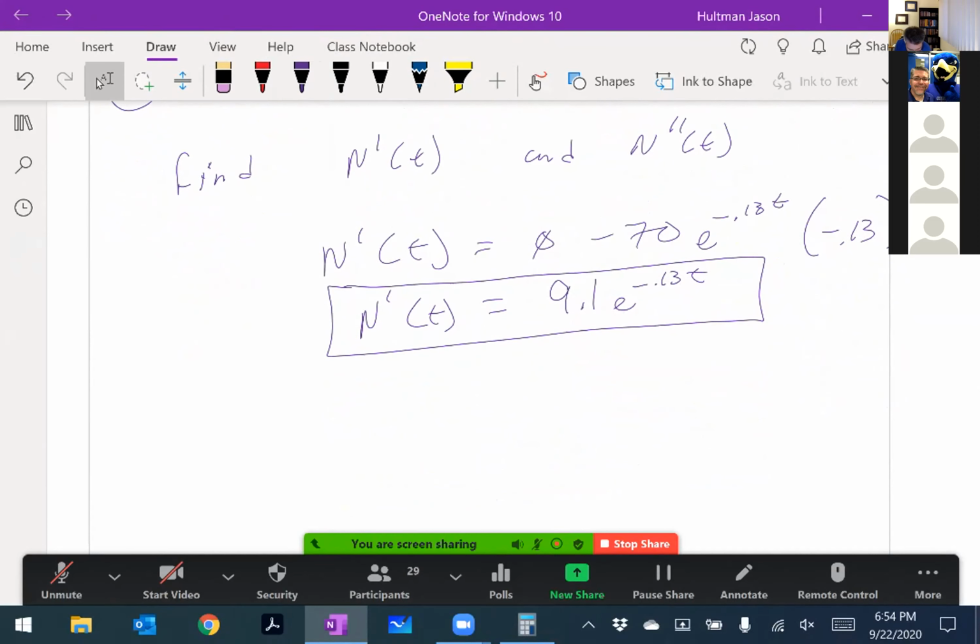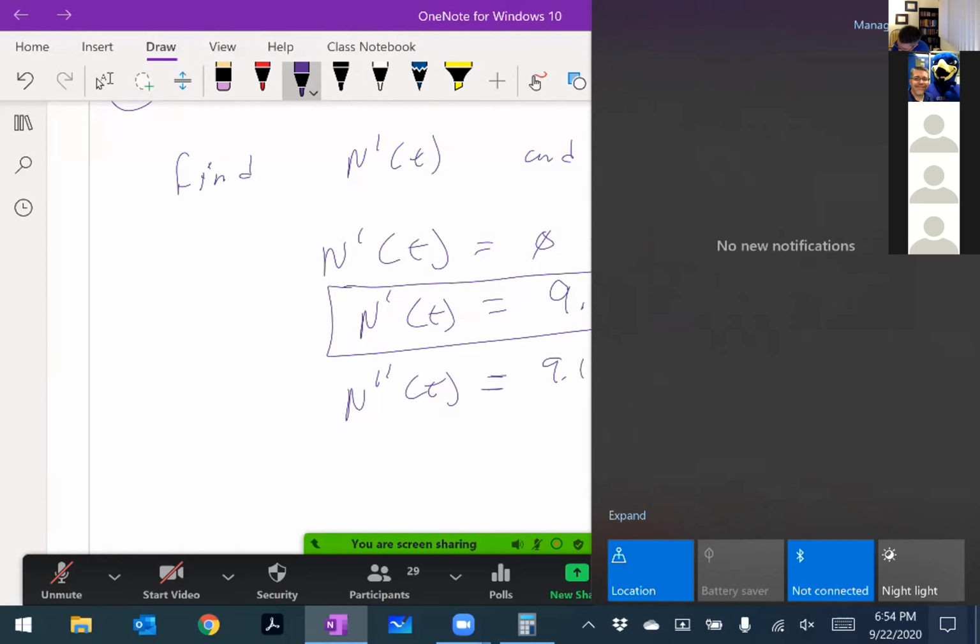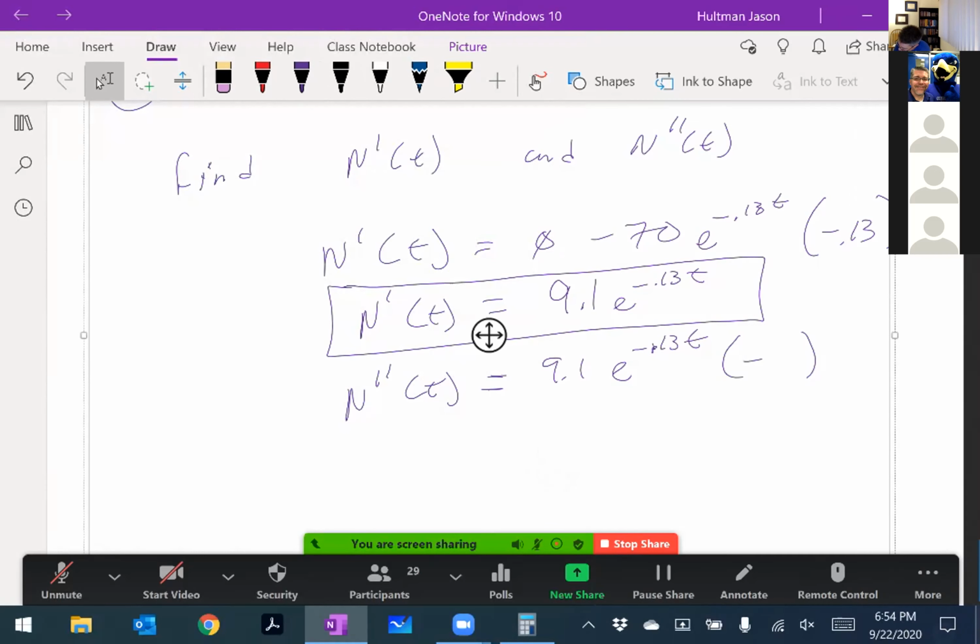Okay, so let's find N double prime of t. That's the derivative of the derivative. This is just going to be 9.1e to the negative 0.13t times the derivative of the exponent, which is again negative 0.13.